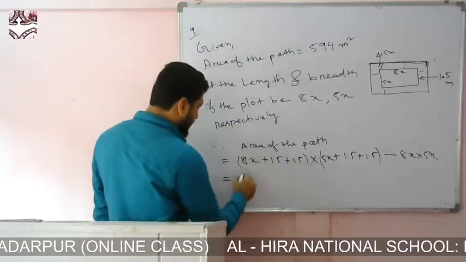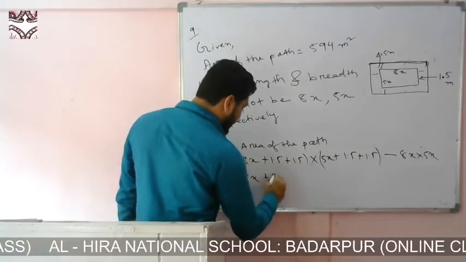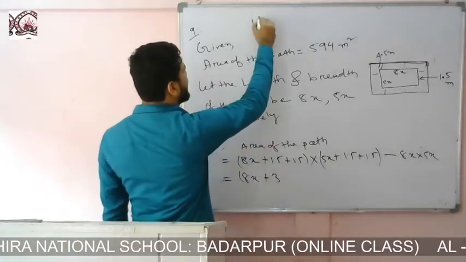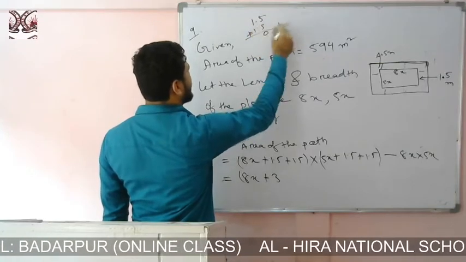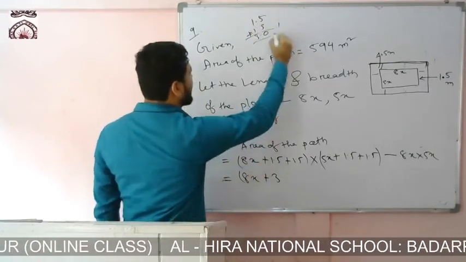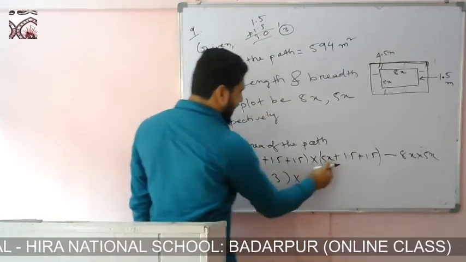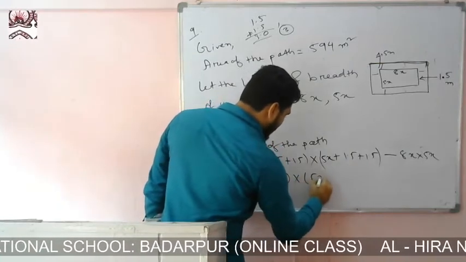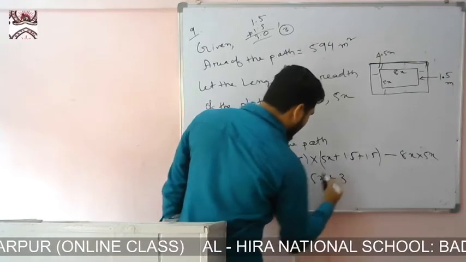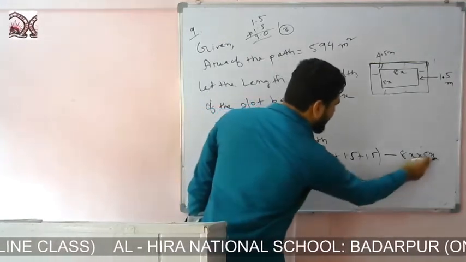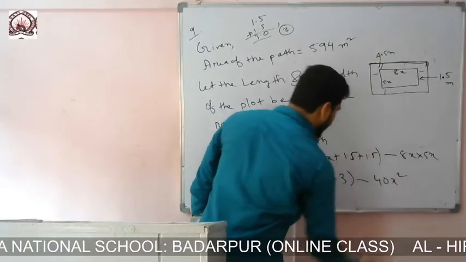So you see 8x, 1.5 plus 1.5 will be 3.0. That means 3. 1.5 plus 1.5: 0, then 1 plus 1 is 2 and 1 is 3. So I can write 3, into 5x plus again 1.5 plus 1.5, which again becomes 3, minus 8 fives are 40, x into x, x square.